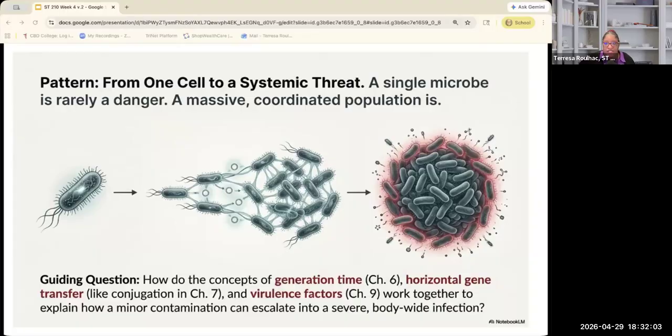If escalation is the danger, what is the goal of infection prevention? Is it elimination of all microbes or interruption of escalation? That question reframes everything that we do. Now, as CSTs, we don't usually see the end stage. Our work is usually at the earliest point.